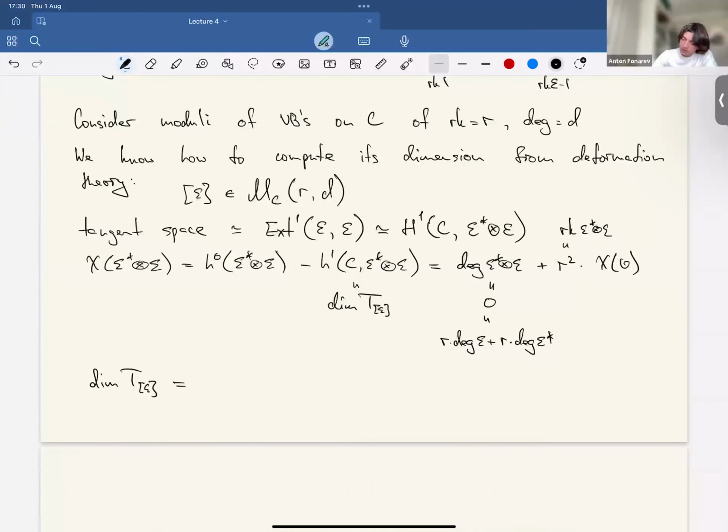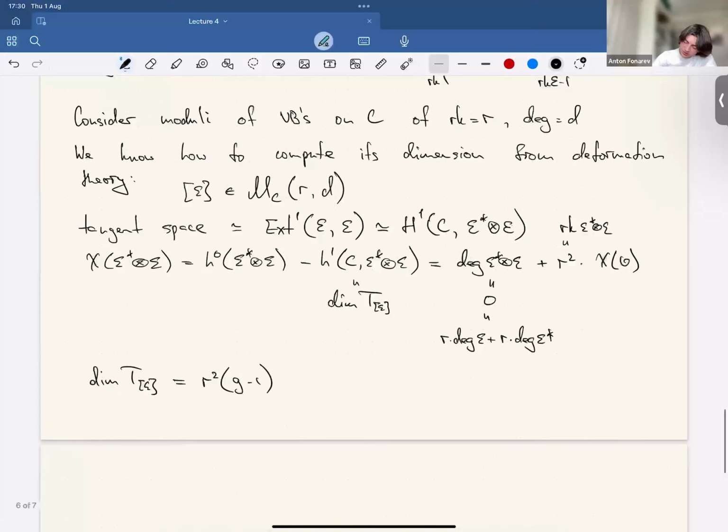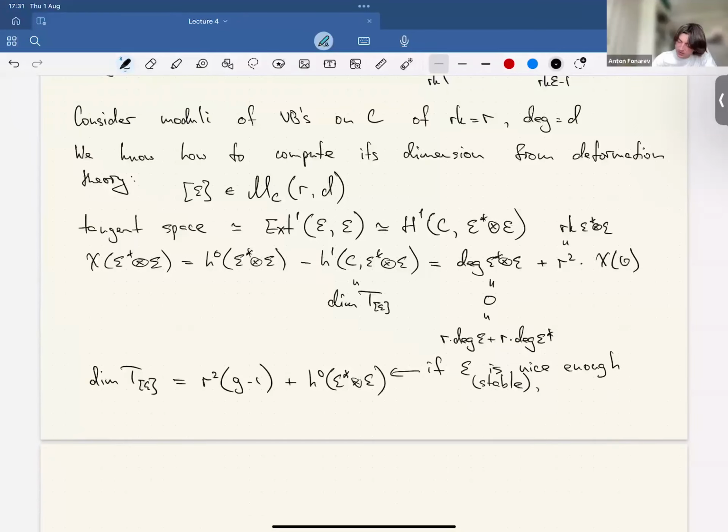equal to R squared times (g minus 1), this is minus chi of O, plus H^0 of E dual tensor E. Now, if E is nice enough, so say if it's what's called stable, then this dimension H^0 of C of E dual tensor E, recall that it's nothing but isomorphic to simply Homs from E to itself, and this is one-dimensional.